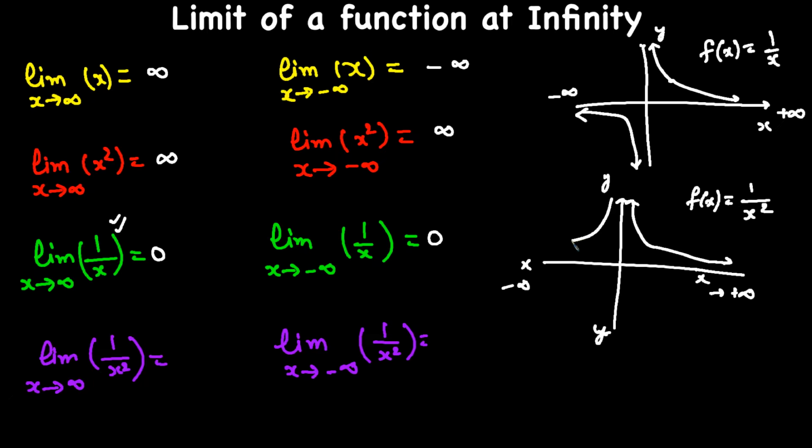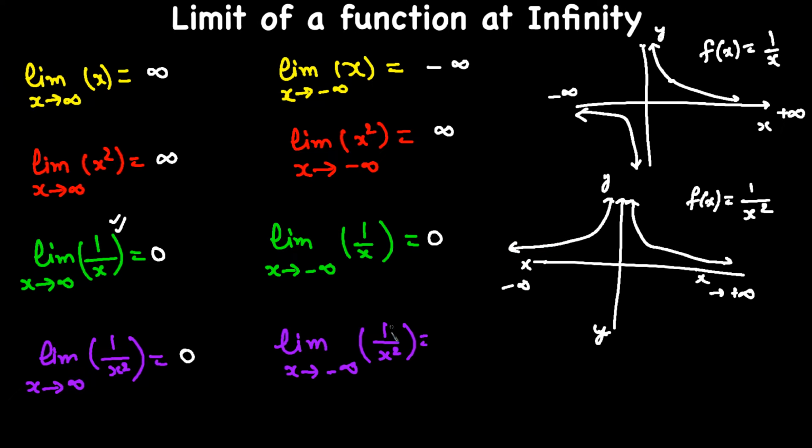and on this side. Okay, so if we see as x approaches positive infinity, the value of this function, which is 1 over x squared, is approaching 0. So the limit as x approaches infinity of 1 over x squared is 0 again. And similarly, as it's approaching negative x, again the function is going down and almost going towards 0 at infinity.